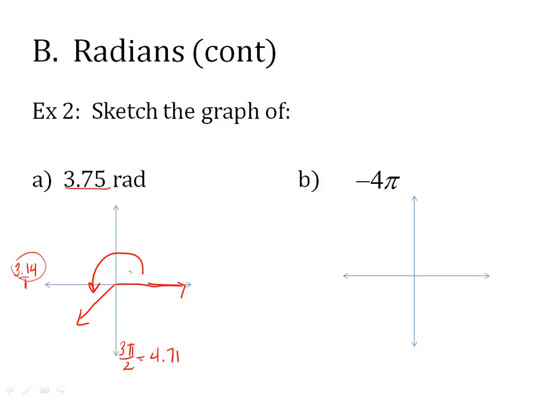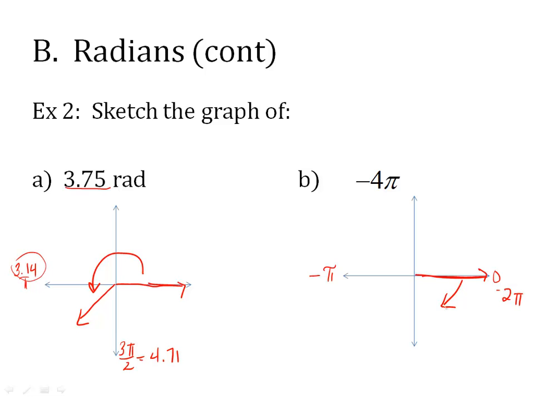It's very important. Now look at B, negative 4 pi. All right, let's think about this. It's negative. So if I go from 0 in the negative direction, this would be a negative pi. I need 4 of these, okay? If I keep going around, this is negative 2 pi, right? Well, here's the initial side of my angle, so I'm going to start here, and I'm going to go this direction because it is negative.